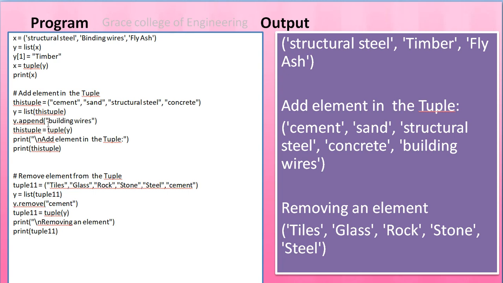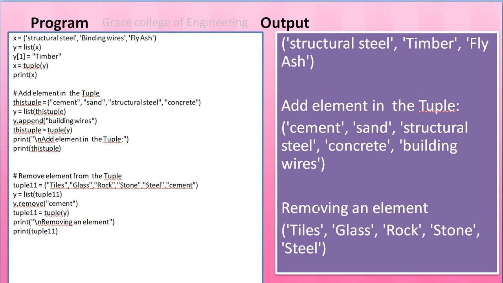Then you can do the append operation or remove operation. After doing this operation, the list will be converted back to a tuple. So tuple of y, here also tuple of y. Then that is stored in one variable. Then that tuple will be printed. Okay. Likewise the append and remove operations are done.